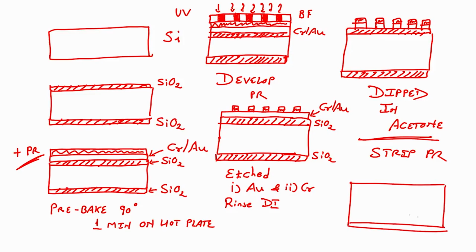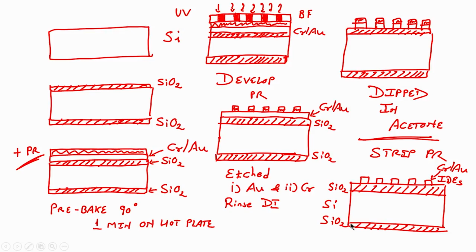I will have an oxidized silicon wafer with interdigitated electrodes. These are my chrome gold, these are nothing but my interdigitated electrodes, this is my SiO2, this is silicon. So, you got the process.